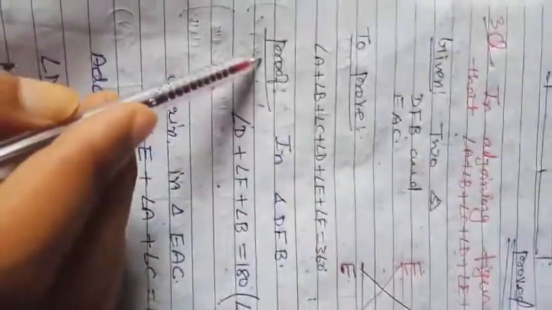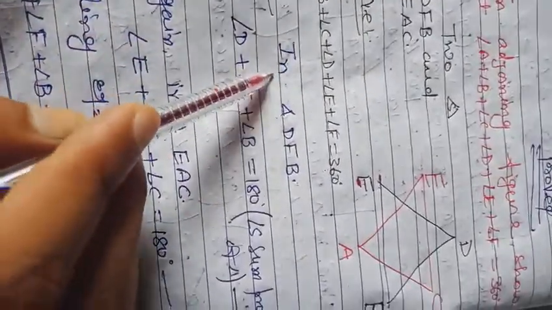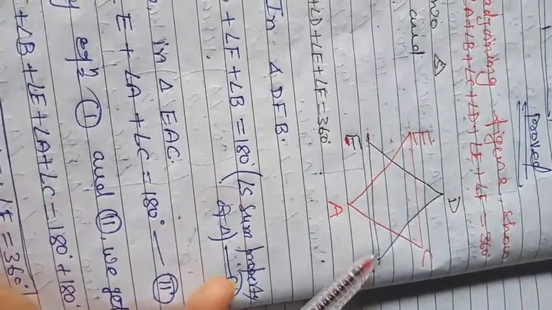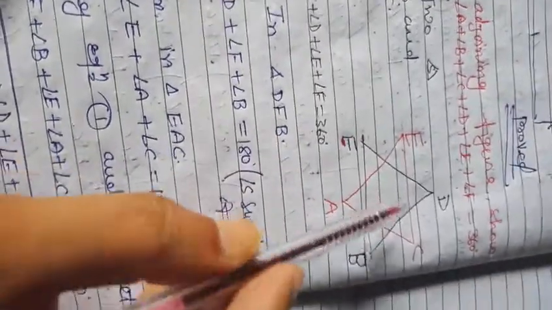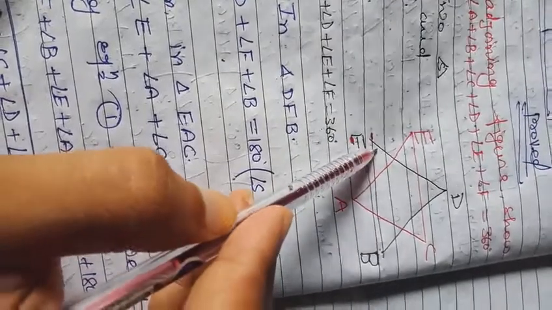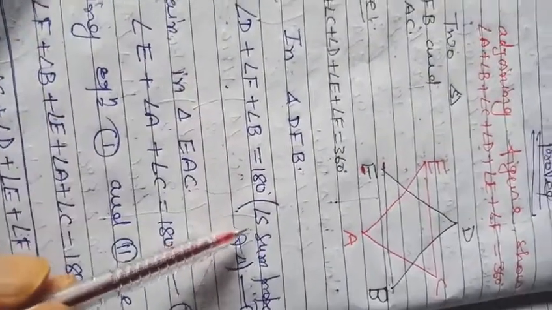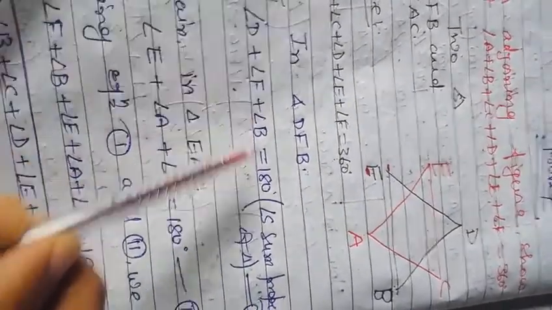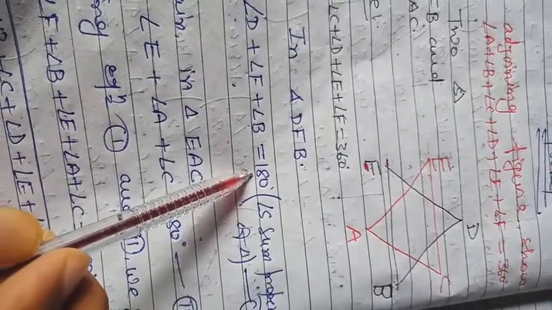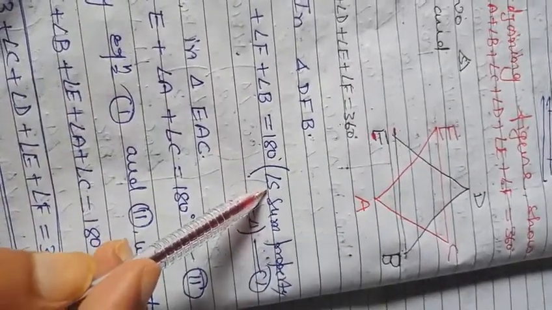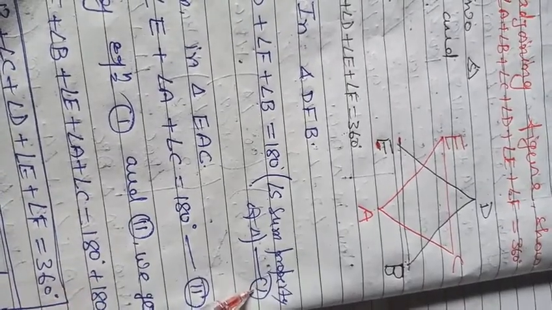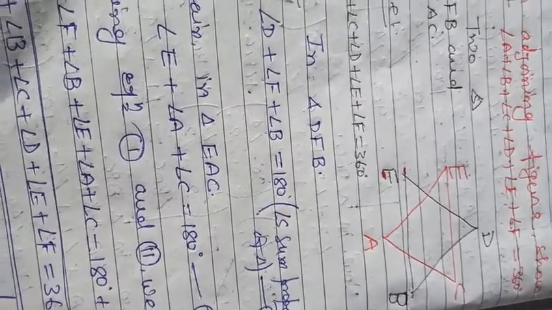Now students, in the proof, in triangle DFB, look here, angle D plus angle F plus angle B is equal to 180 degree by angle sum property of triangle, and this is equation first.